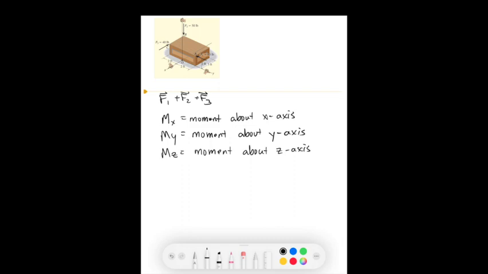Now what we have to remember is that if a force passes through the axis, so for example if this is the x-axis, and a force passes through the axis, the moment is equal to 0. If a force is parallel to an axis, then again the moment is 0.